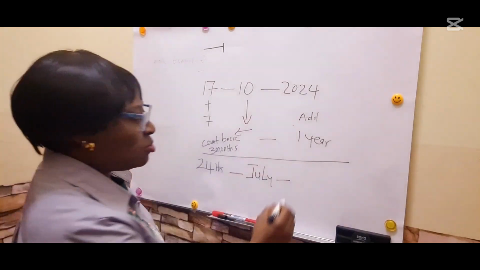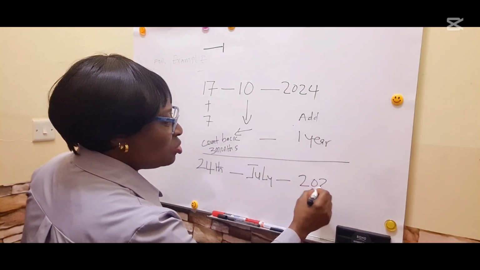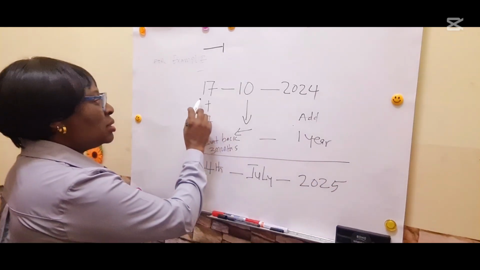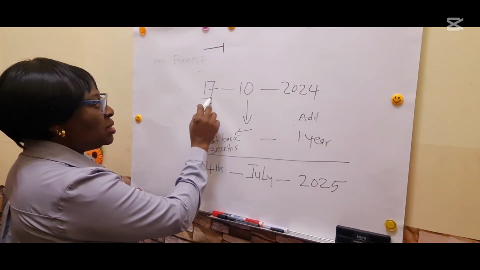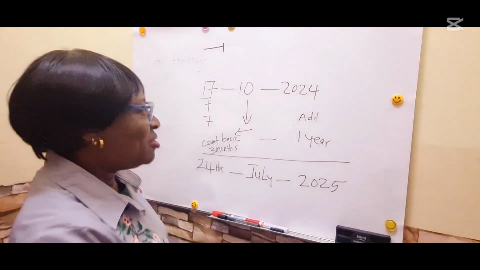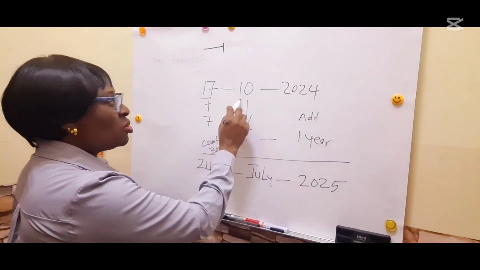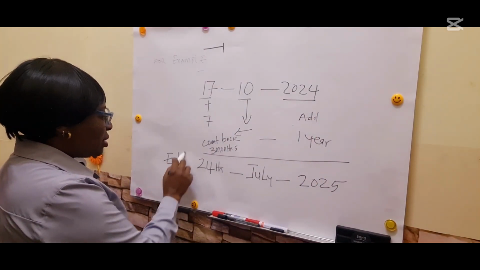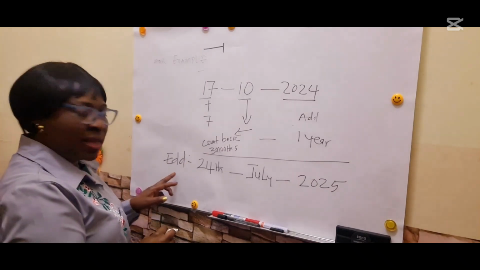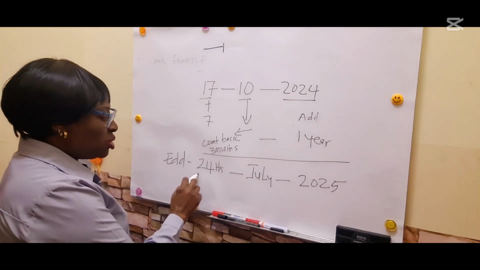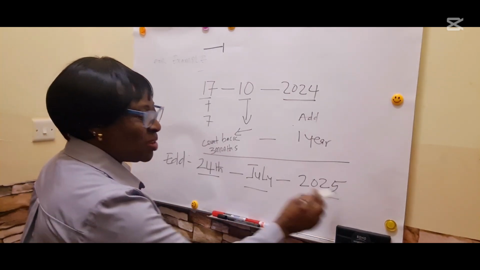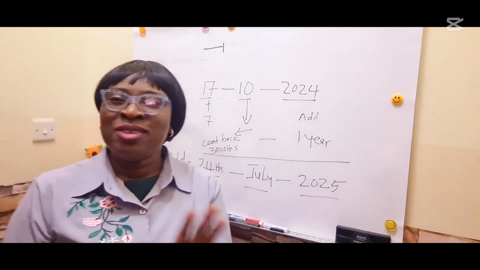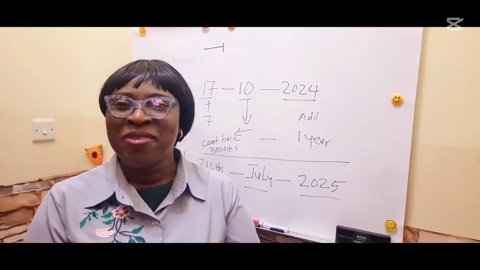Then adding 1 year will give us 2025. So the due date for this woman, whose first day of last menstrual cycle was 17th October 2024, her EDD, the expected due date, will be 24th July 2025.